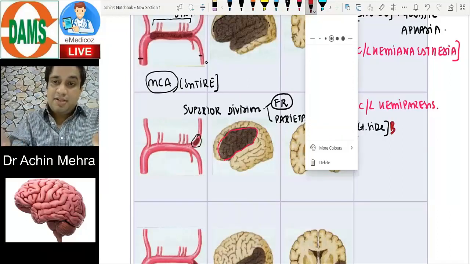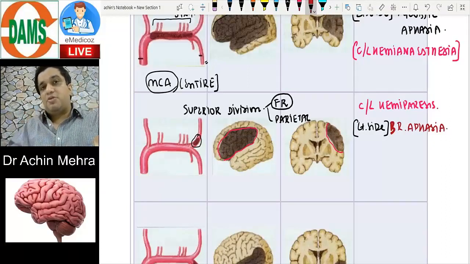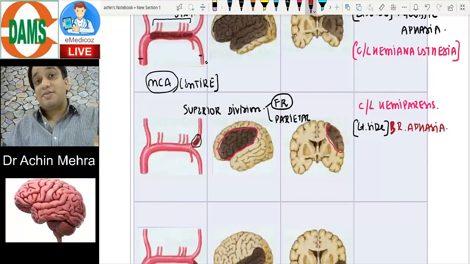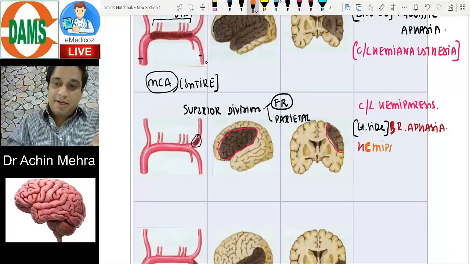The Broca's aphasia. And one more additional point, the parietal cortex was my sensory cortex. So we're going to have one more thing in the patient. Yes, what? Hemianesthesia. Now this hemianesthesia this time occurred due to lesion in the parietal cortex.